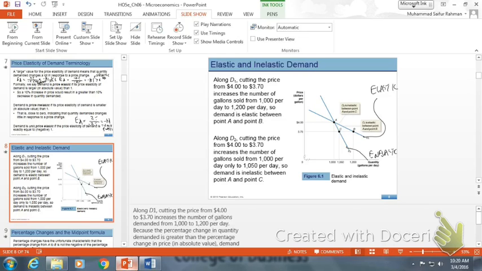So let's first find out the percentage change in quantity demanded, where now our old quantity is 1,200 and our new quantity is 1,000. So our new quantity, 1,000, minus our old quantity, divided by our old quantity, times 100. So you calculate those.